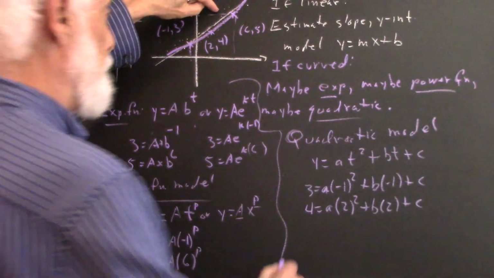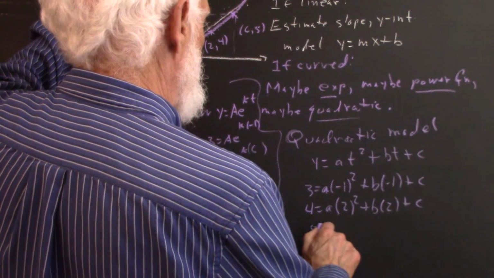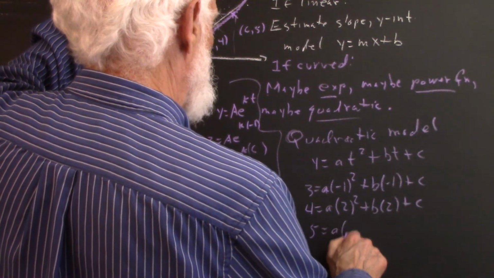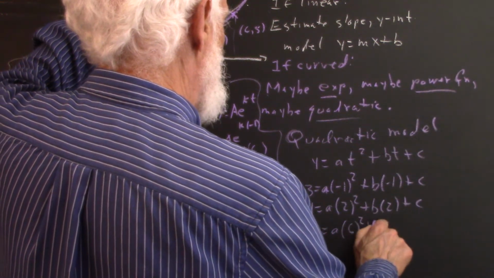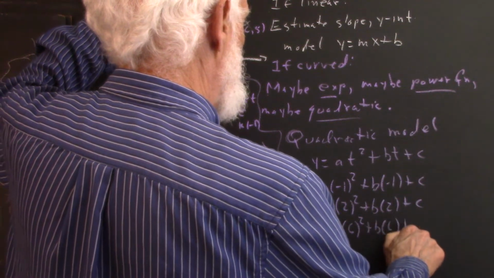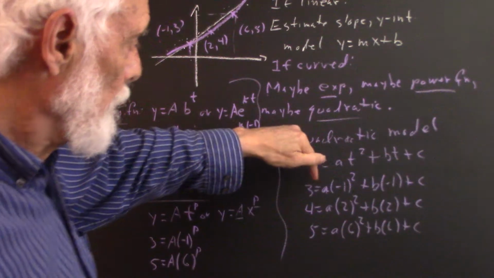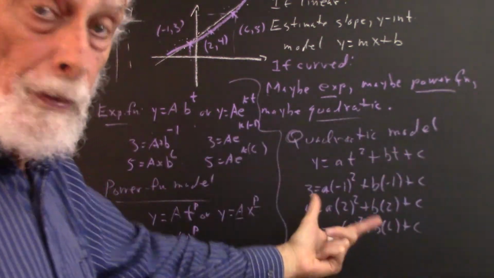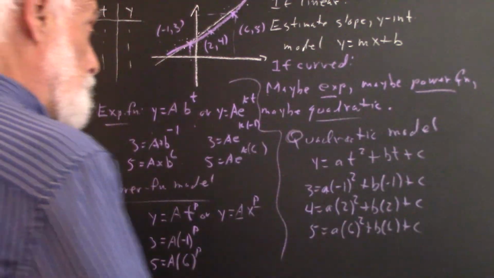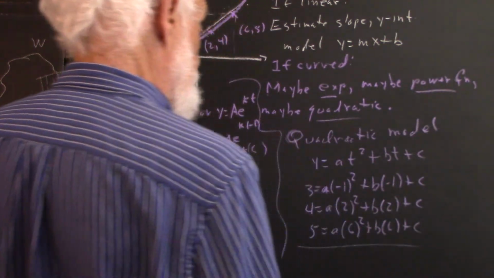And here we would get y equals 5 when x equals 6. And there we have 3 equations with unknowns a, b, and c. We solve them using the methods for solving 3 simultaneous equations.